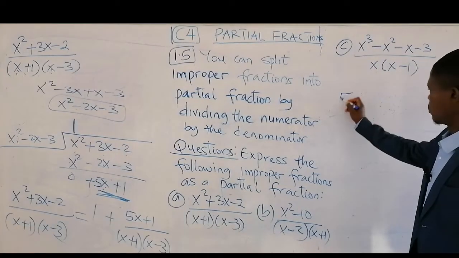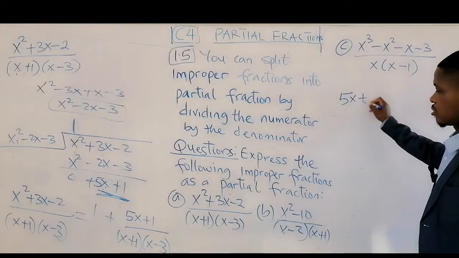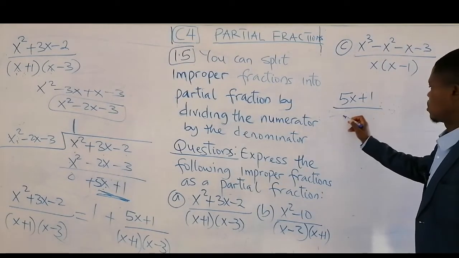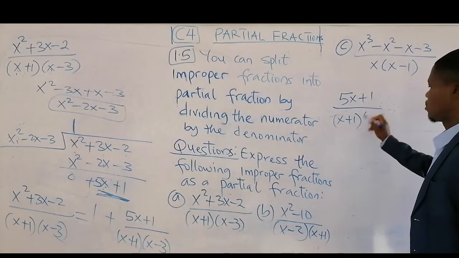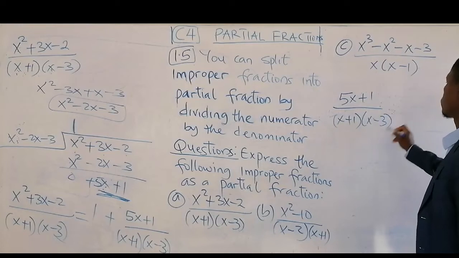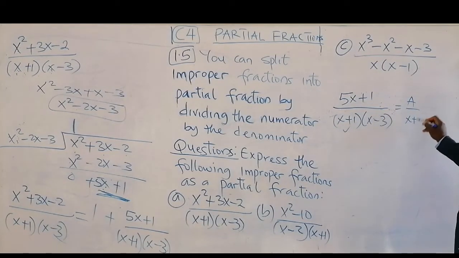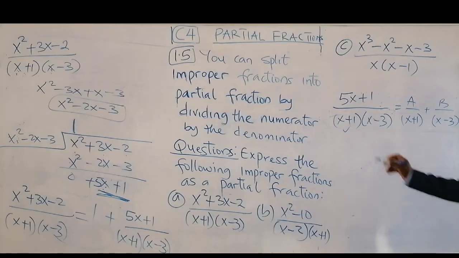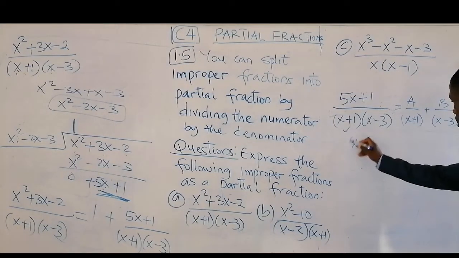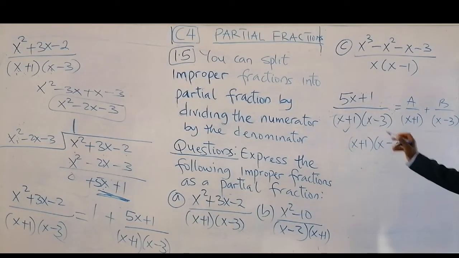So let's now solve this one. 5x plus 1 all over x plus 1 times x minus 3 is equal to A over the linear factor x plus 1, plus B over the second linear factor x minus 3. The common factor is x plus 1 and x minus 3, so use it to multiply both sides of the equation.